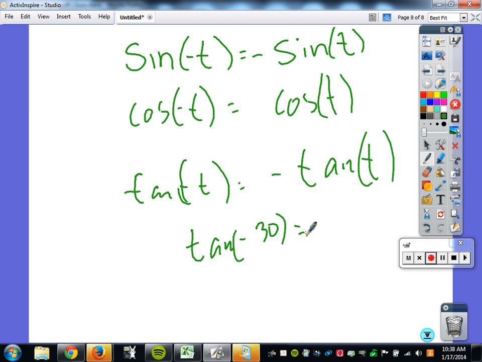That's the same thing as just doing the negative of tangent of 30. So you just find what the tangent of 30 is and then negate it. Does that make sense? Cosine absorbs it. And I can explain why picture-wise next time if we miss. Thanks, guys.